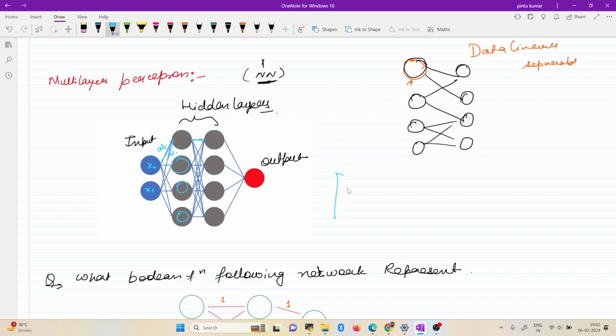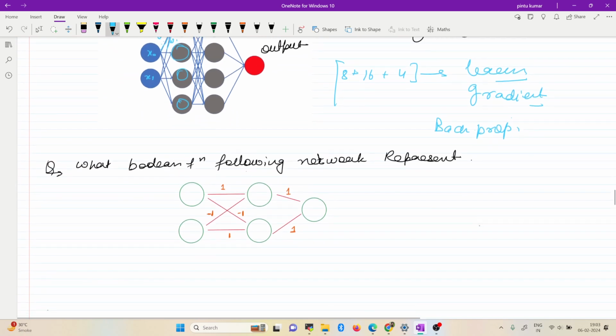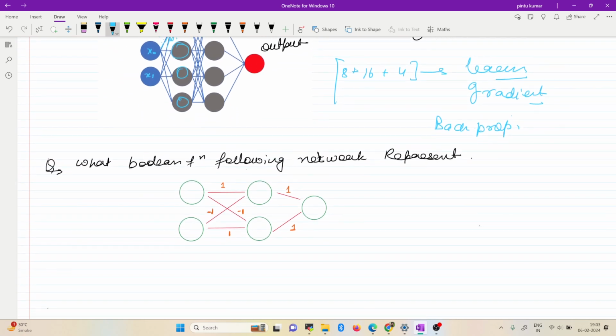So these weights that we have, for the first layer, let's say we have 8 plus, then again this would be 16 plus 4. These weights we need to learn. And how will we learn? We will learn via gradient descent. Details we'll do next week. There is an algorithm called backpropagation that helps us calculate the gradient for these complex networks or multi-layer perceptrons. Right now we'll just do a very simple thing.